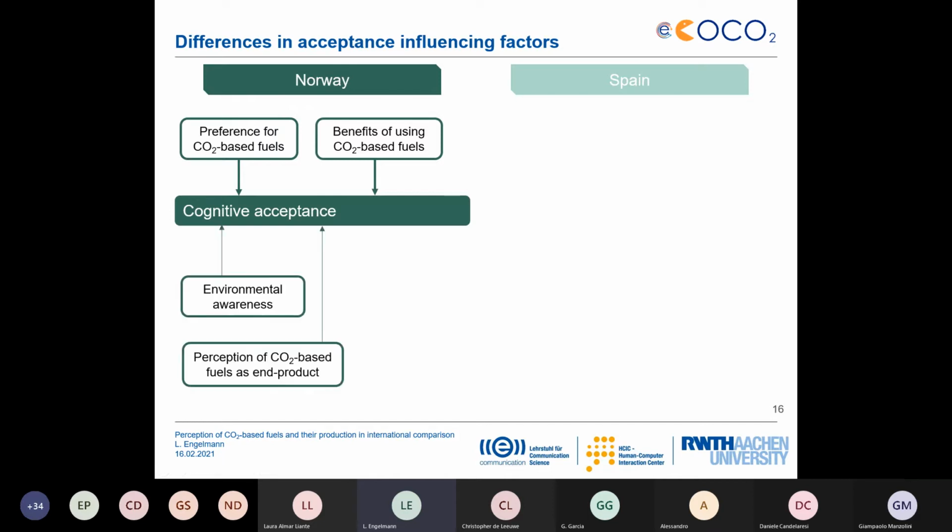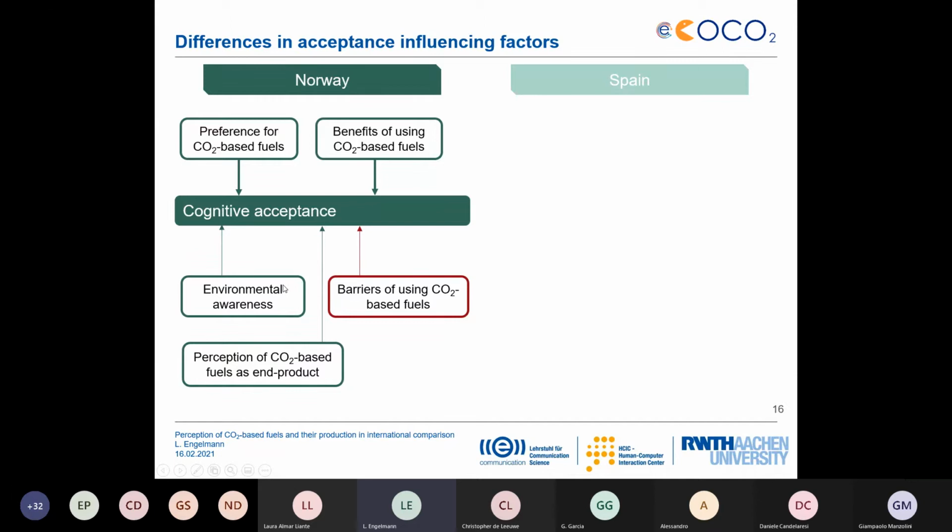Smaller positive contributions to the model come from the respondent characteristic of environmental awareness and the positive perception of CO2-based fuels as an end product. This factor includes people's perception of the fuel to be acceptable, efficient, harmless to humans and the environment, as well as its perceived usefulness. And lastly, one predictor had a negative impact.